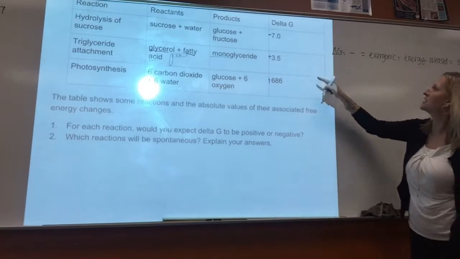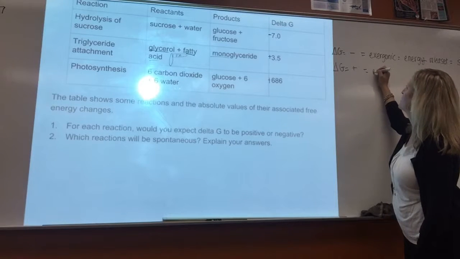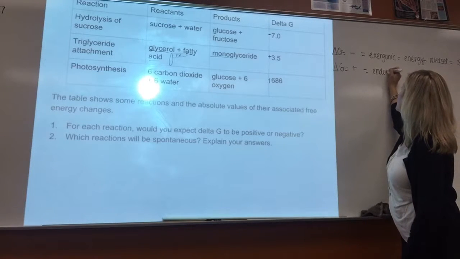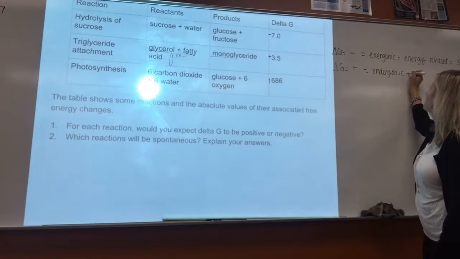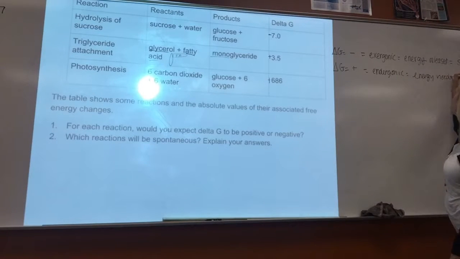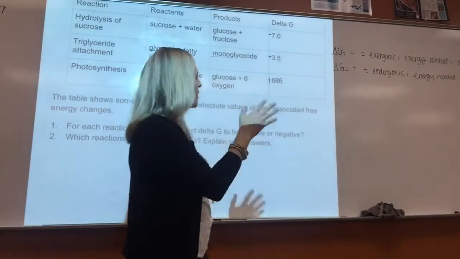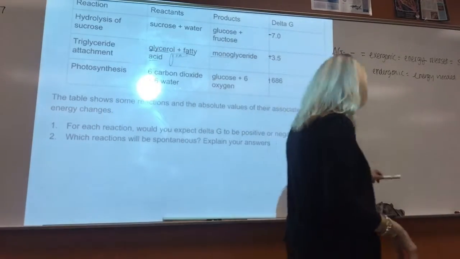All right. These 2, the delta G is positive, which means it's endergonic, which means that energy is needed. And we could say it's non-spontaneous, all right. So that's kind of the thought process there, okay?